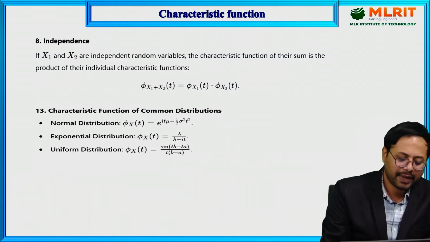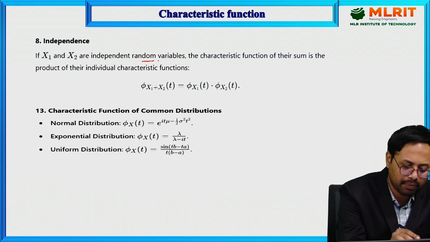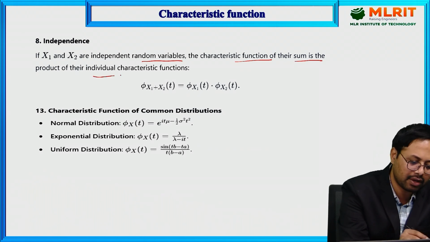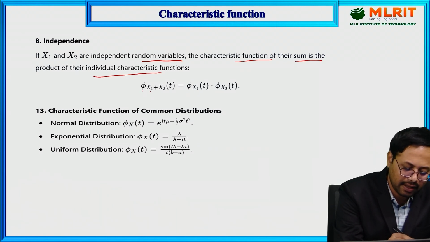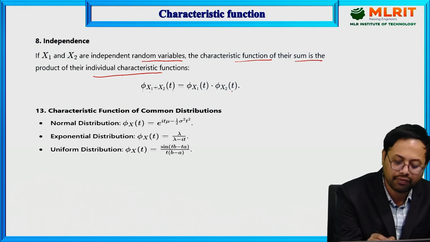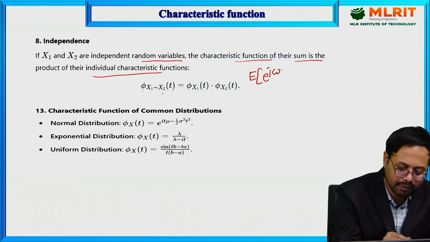Now next, the independence property. If x1 and x2 are two independent random variables, then the characteristic function of their sum is the product of their individual characteristic functions. That is, phi x1 plus x2 of t equals phi x1 of t into phi x2 of t. You can check it: consider y equal to x1 plus x2, then expectation of e power j omega (x1 plus x2).